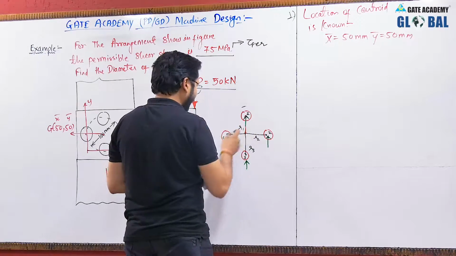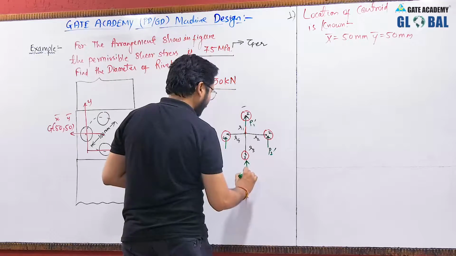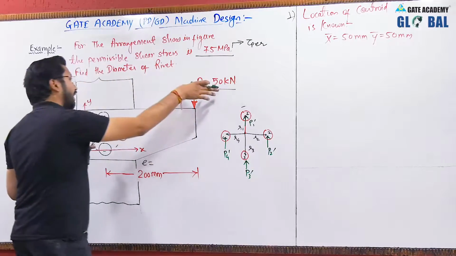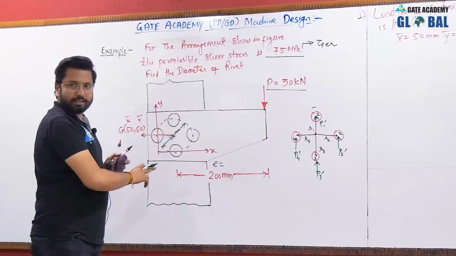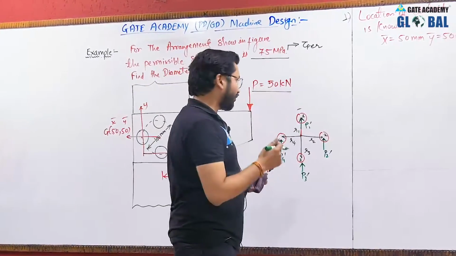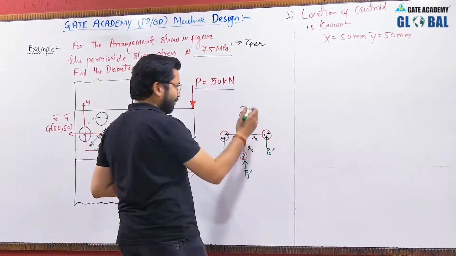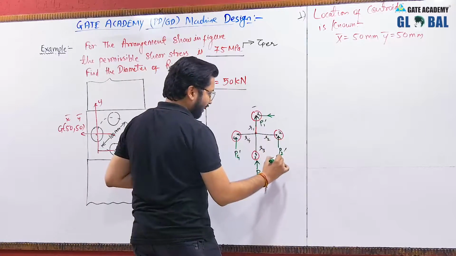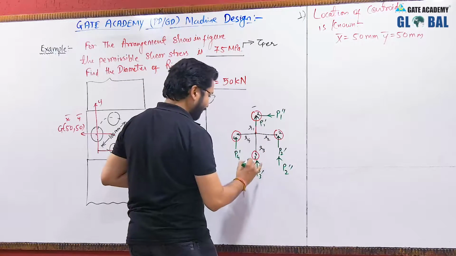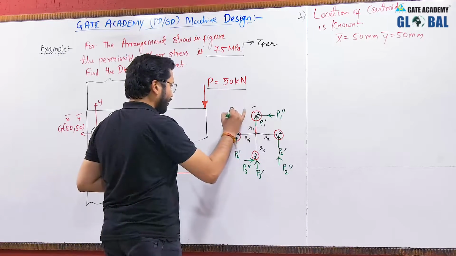This is P1 dash, P2 dash, P3 dash, P4 dash. The external load is causing a clockwise rotation about the centroid, so the resisting moment will cause an anti-clockwise rotation. This will be the direction of the resisting moment, and this will be the direction of the secondary shear forces: P1 double dash, P2 double dash, P3 double dash, and P4 double dash.